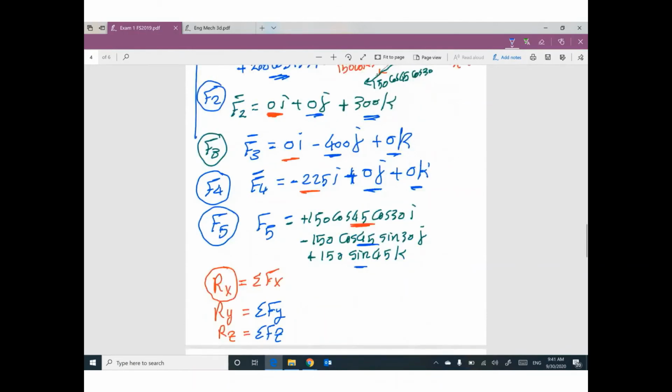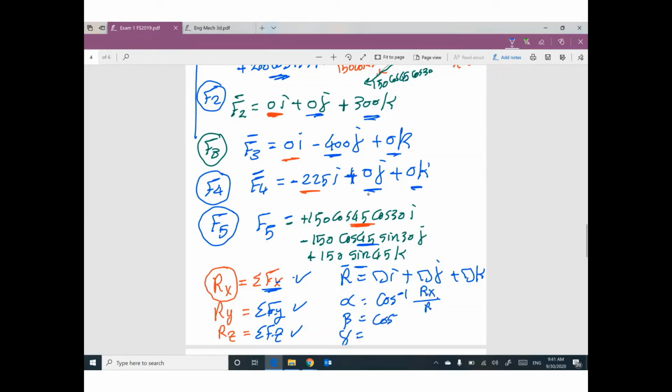So we have three numbers right now. Your resultant as a vector will be this value i, this value j, this value k. If you are looking for alpha, beta, gamma, take the inverse cosine of this component, which is x, divided by R.